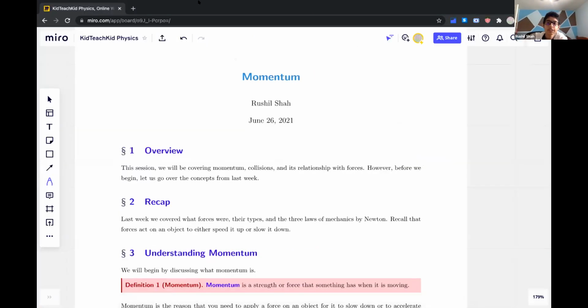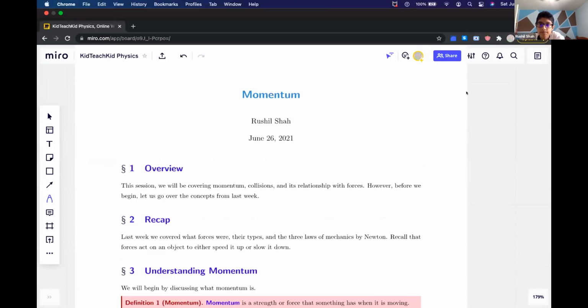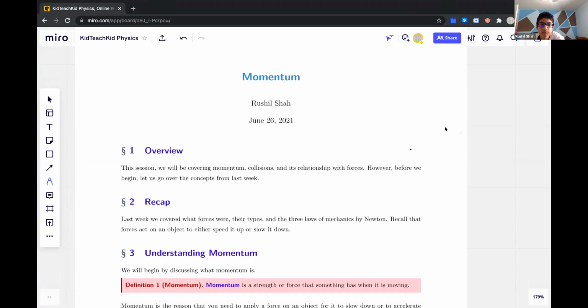Let me know if you can see my screen before we begin. Since no one said anything, I'm hoping that everyone can see my screen.